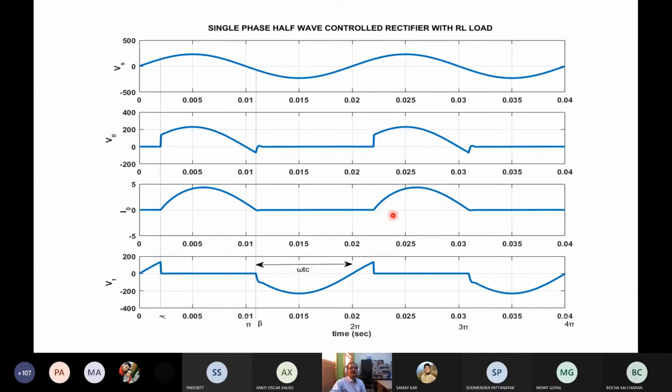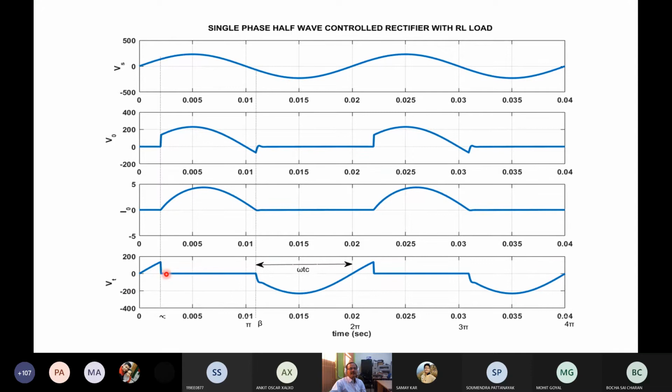Now again, the thyristor is in the off state. At 2 pi plus alpha again, the gate pulse is applied. Current starts increasing, reaches a peak value and then decreases when the voltage reverses. Okay. This is the same formula.